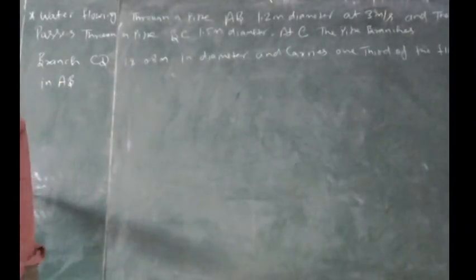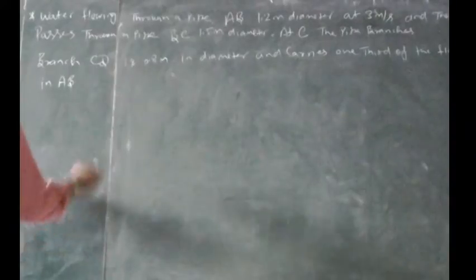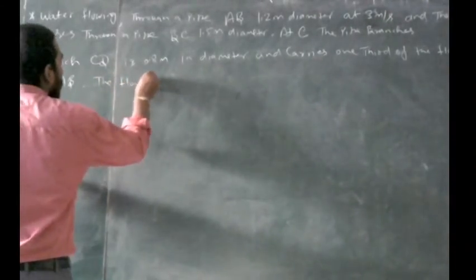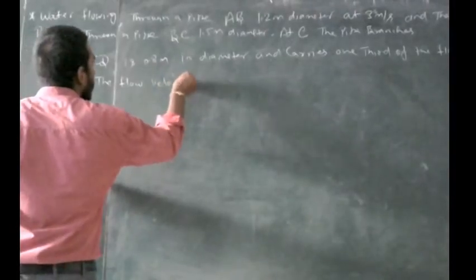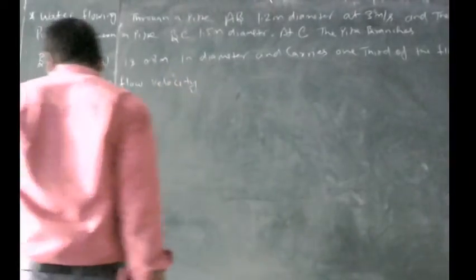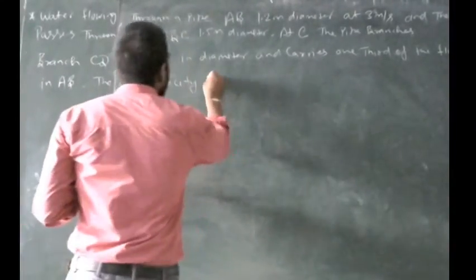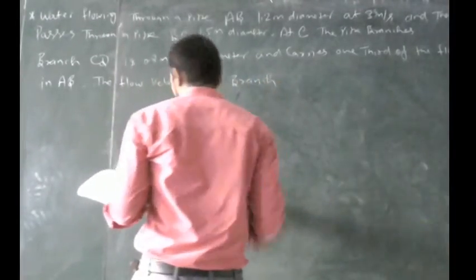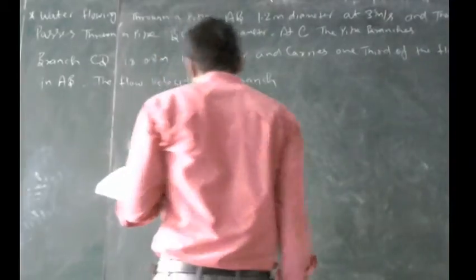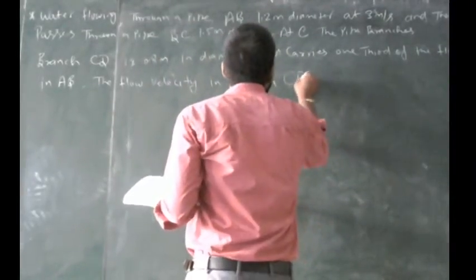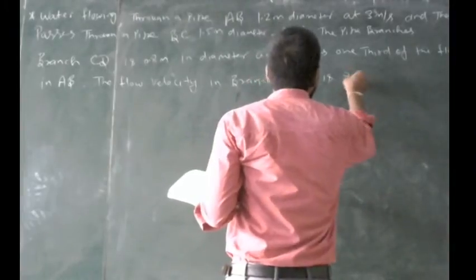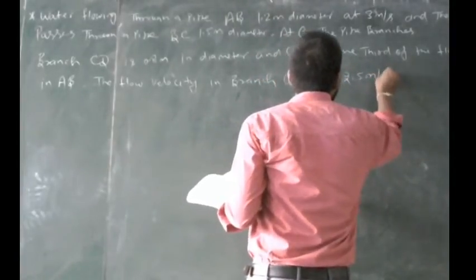The flow velocity in branch CE is 2.5 meter per second.